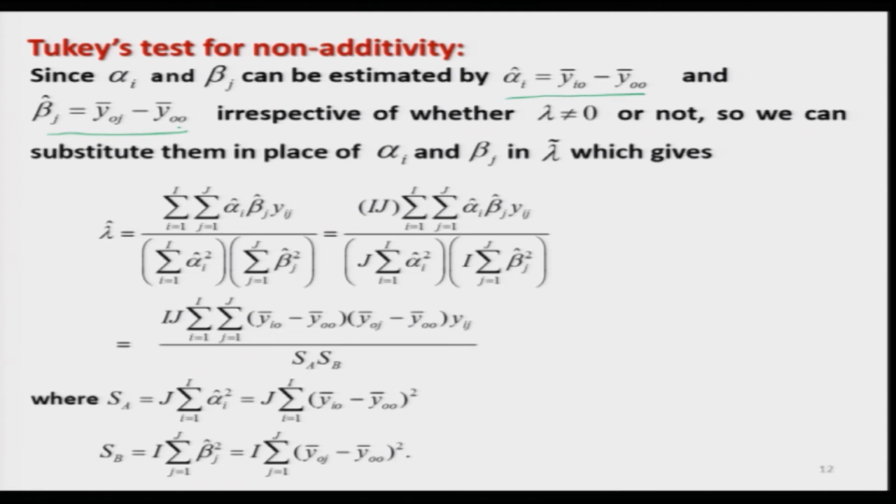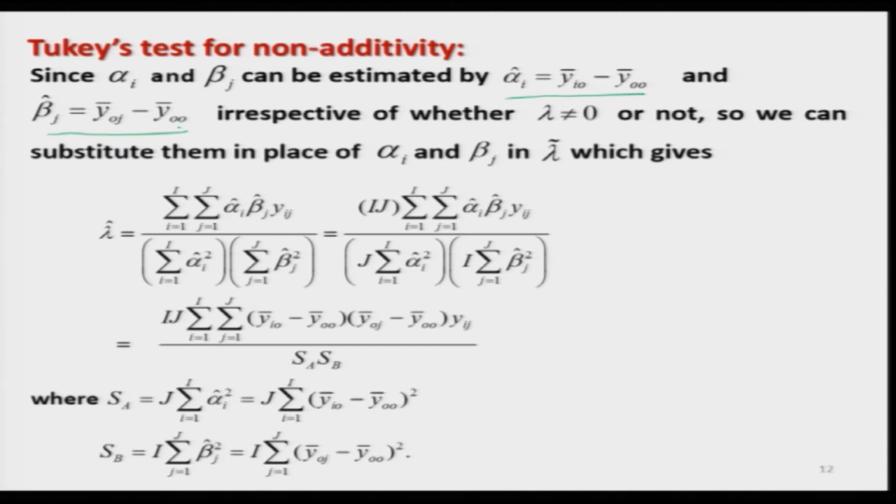Because now there is no constraint that these values are dependent on lambda or not. So, we try to do one thing now. You have to be very careful about how we are trying to solve this problem. We are simply trying to estimate the values of alpha_i and beta_j externally.